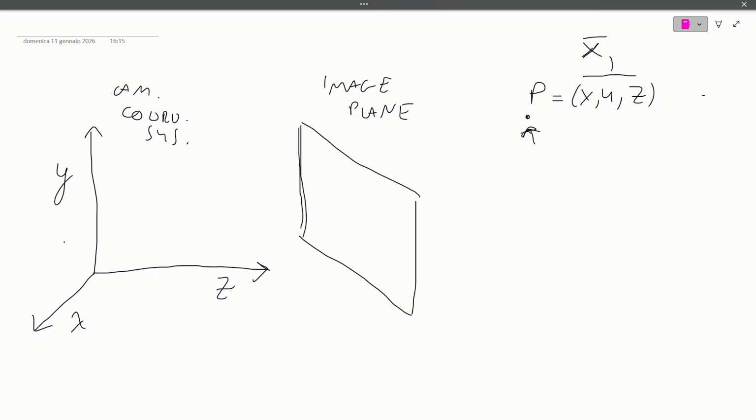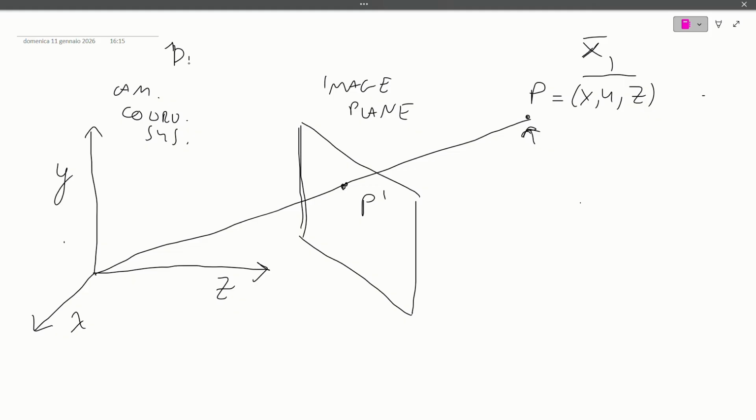We will now project the point P in the coordinate system of the camera. Okay, very good. This line's intersection with the image plane is called P prime. Now, the geometry that controls this type of system is called pinhole geometry.